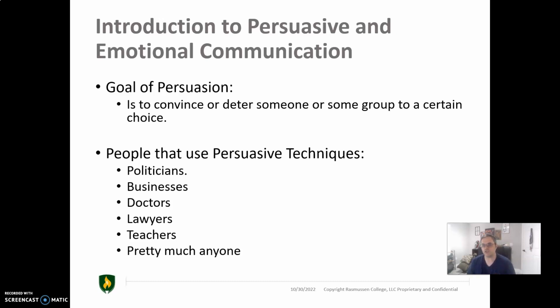We create visuals to trigger a lot of different responses from people. There are so many different types of occupations and people that use persuasive techniques all the time: obviously politicians, businessmen, doctors, lawyers, teachers, pretty much anybody that wants to convince someone or teach somebody some method that they know is better. And that's what persuasive communication is.